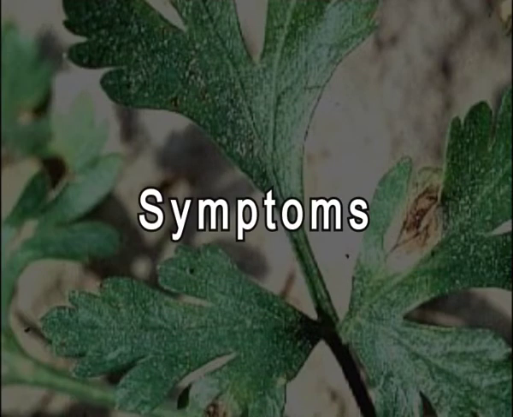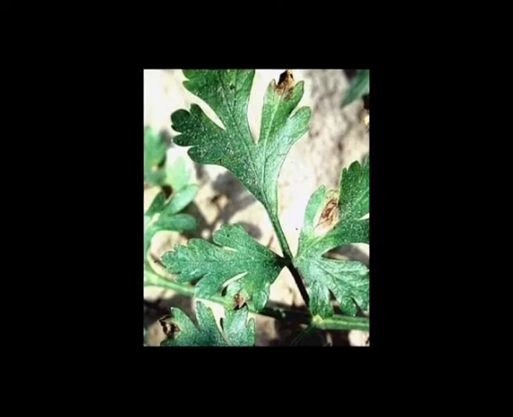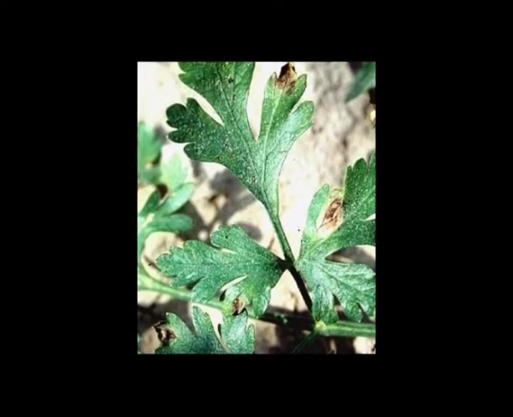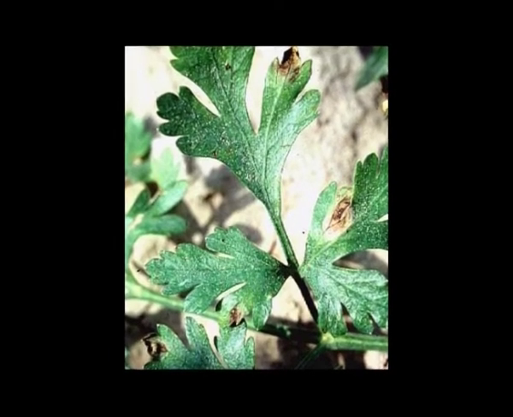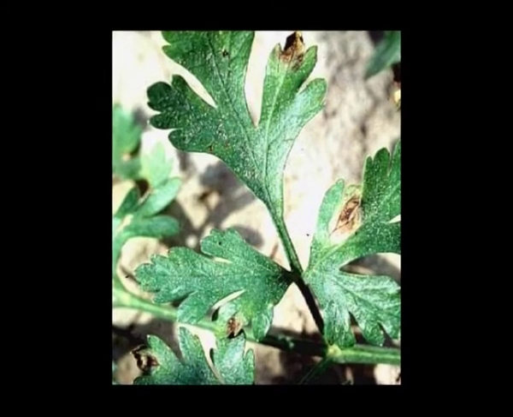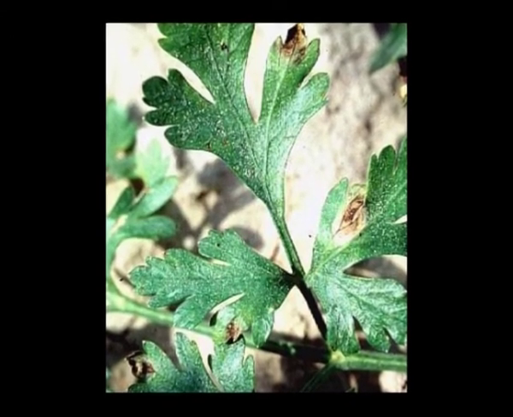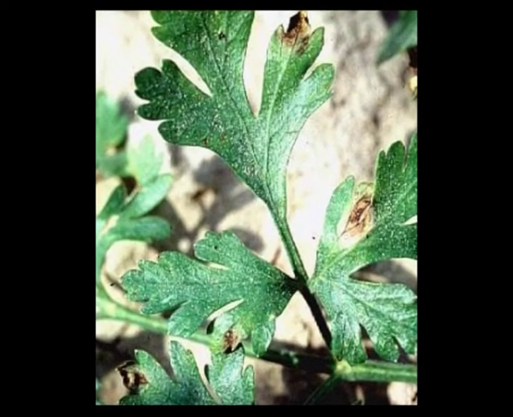Symptoms of the disease. Symptoms first appear as yellow spots which turn brown to black. Spots often occur on lower leaves first and can coalesce into large necrotic areas and finally involve the entire leaf.